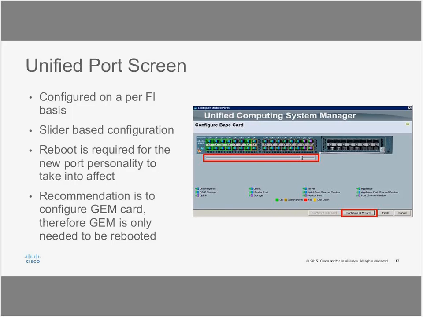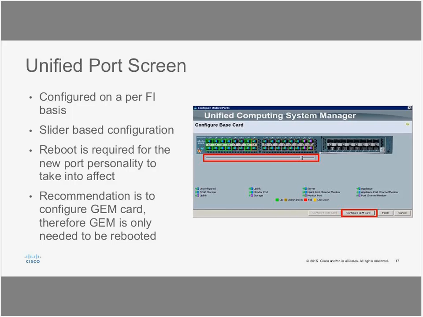The best practice is that you actually use the expansion module for your Fibre Channel. That way you do not have to reboot the whole device when you change this. The gotcha is that if you do need to change a port role from Fibre Channel to Ethernet after deployment, you have to change this slider, and when you change it, you will be required to reboot.